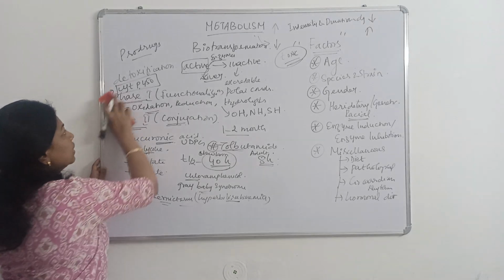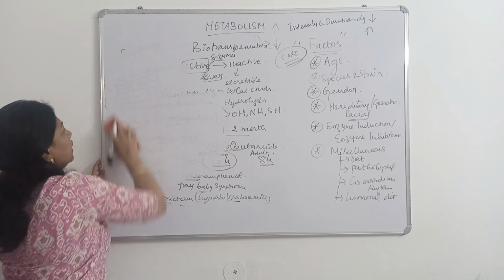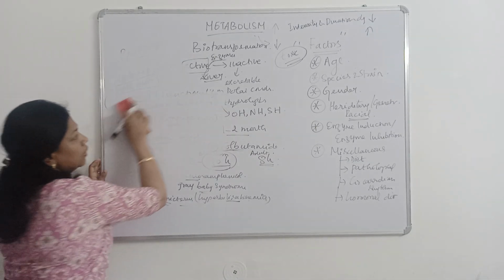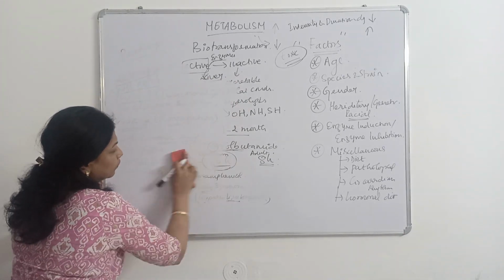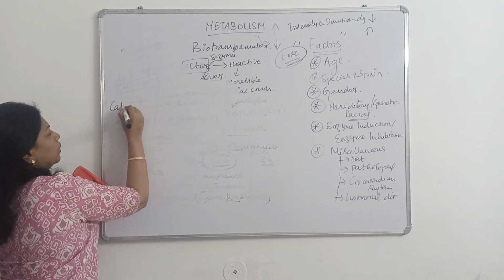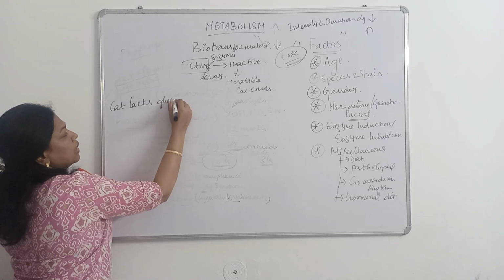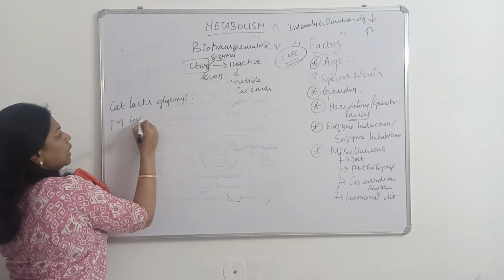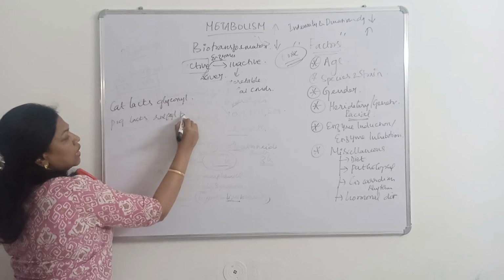Now we discuss species and strain. There are different species, and they have different metabolizing enzymes. For example, the cat lacks glucuronide transferase enzyme, whereas the pig lacks sulfate transferase enzyme.